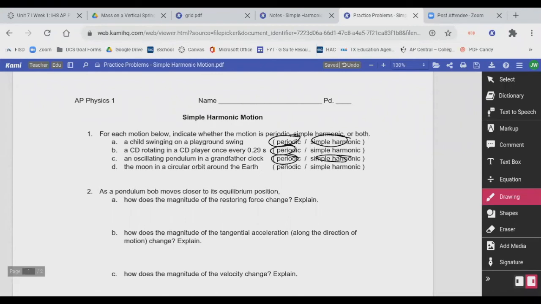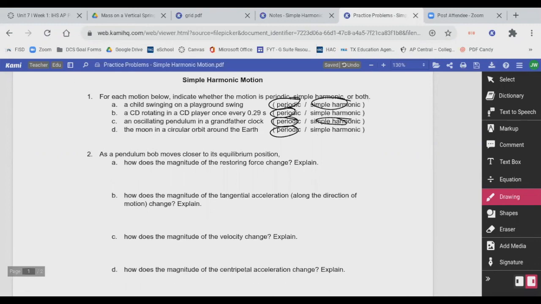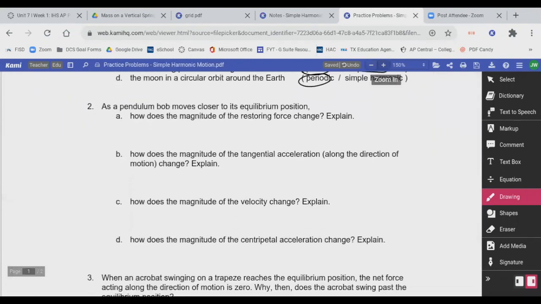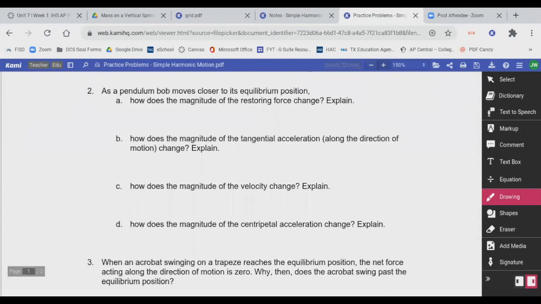Yes. Is it simple harmonic? No, no restoring force. It goes one way. The moon doesn't go halfway across our sky and then stop and change direction to go back down. That would be kind of cool, but it doesn't really happen. That was the easy one, just to help us relax after the graphs.